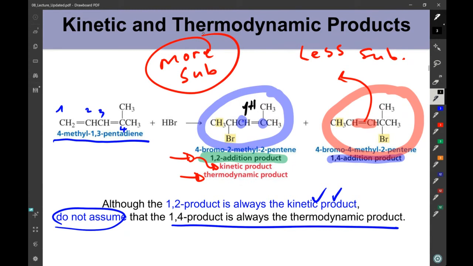Okay, 2. So the one with fewer hydrogens means more substituted. Does that make sense? And so the blue structure is our thermodynamic product. And because the blue structure is a 1,2 addition, it is our kinetic product. And so this is an example where the kinetic product is exactly the same as the thermodynamic product. I hope that makes sense for everyone now.